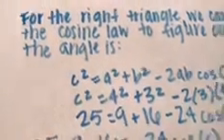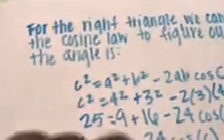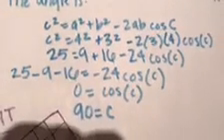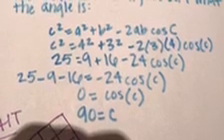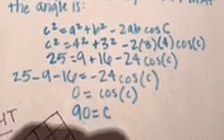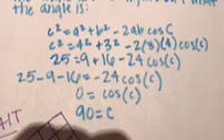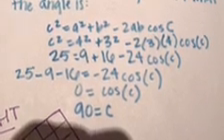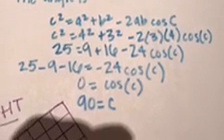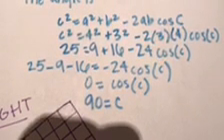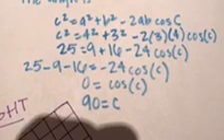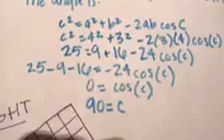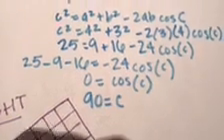Likewise, for the right triangle, we can use the cosine law to figure out what the angle is by using c squared equals a squared plus b squared minus 2ab cosine C. 5 squared equals 4 squared plus 3 squared minus 2 times 3 times 4 cosine C, 25 equals 9 plus 16 minus 24 cosine C, 25 minus 9 minus 16 equals negative 24 cosine C, 0 equals cosine C, which means that C equals 90 degrees.